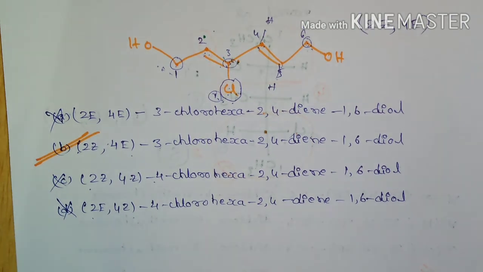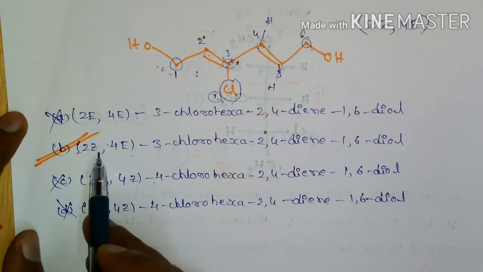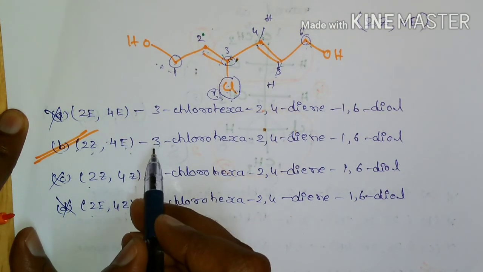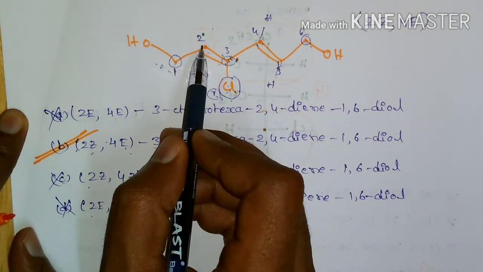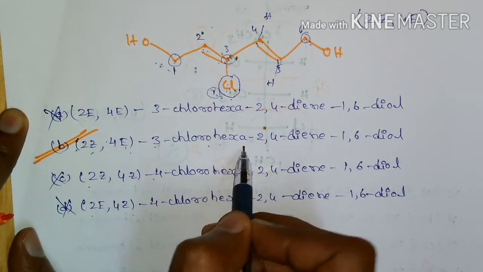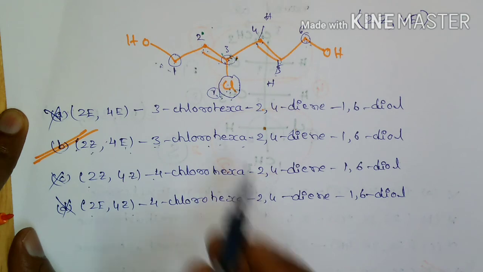If we check the nomenclature, 2Z 4E we have assigned. 3-chloro: 1, 2, 3, at the third position the chloro substituent is present. Hexa, so it is a 6 carbon chain.